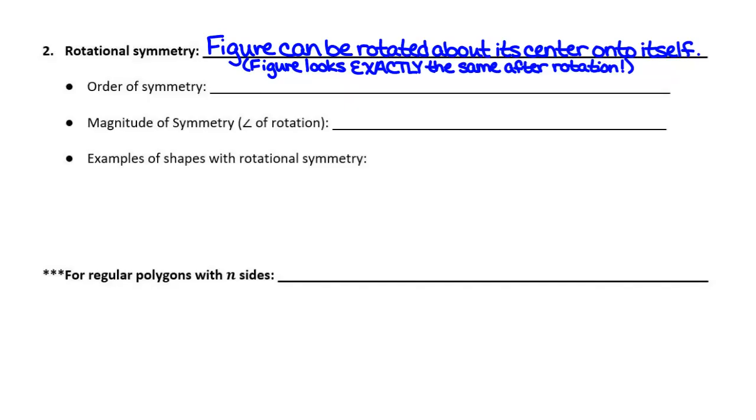All right. Then we have rotational symmetry. Go ahead and copy this down into your notes for rotational symmetry.